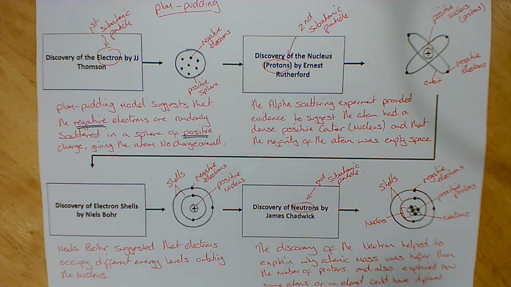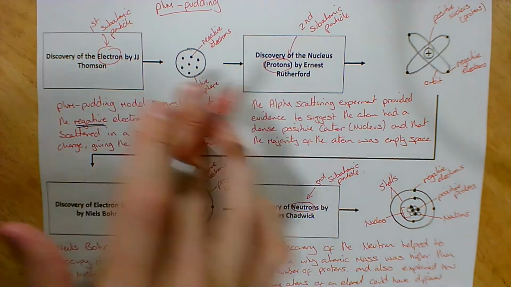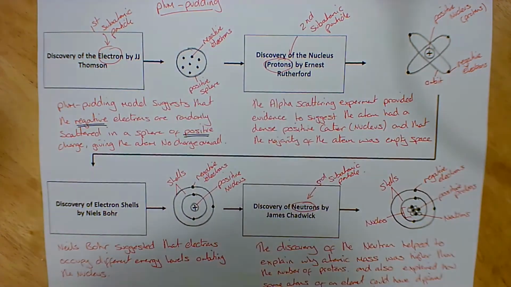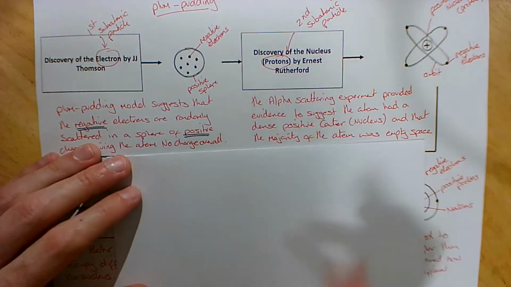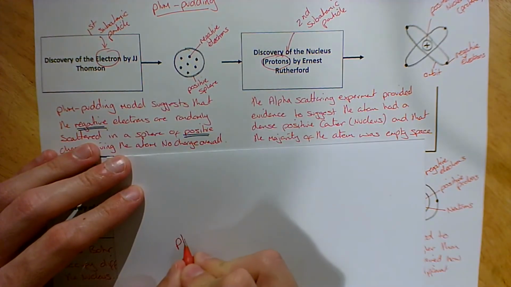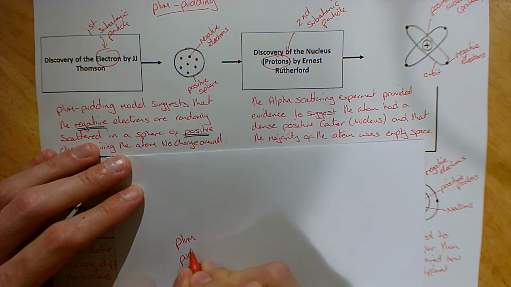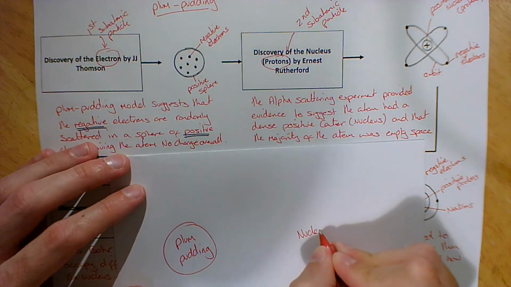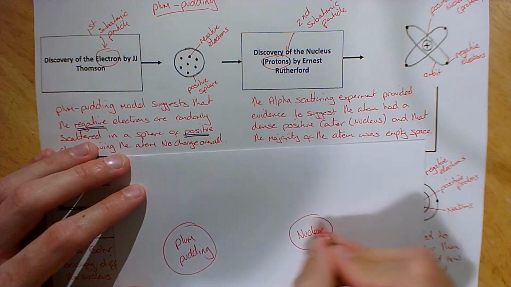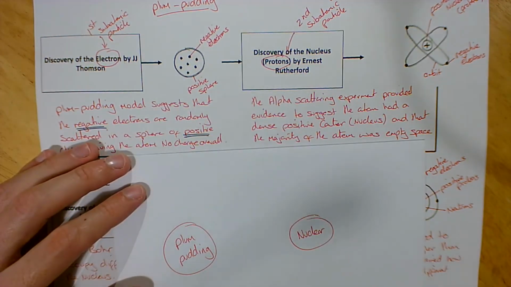And another thing you will commonly be asked to do would be to compare the plum pudding model to the nuclear model. So if we make a quick double bubble map between those two, we're going to have plum pudding on the left, and we're going to have nuclear on the right. So these are our two models.